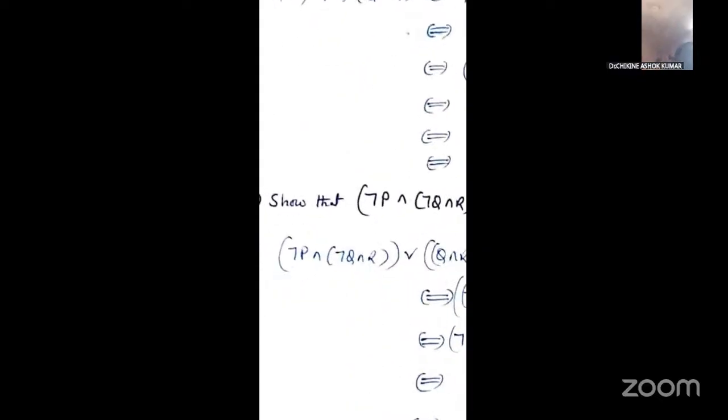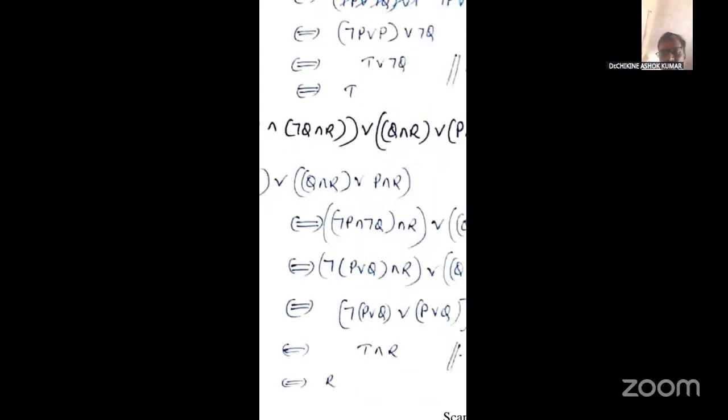Just in this, I am using the associative property. A intersection of B intersection C can be written as A intersection B, intersection C. I am applying the associative principle here. So it implies negation P intersection negation Q, and extra we have intersection R, I'm writing as it is.